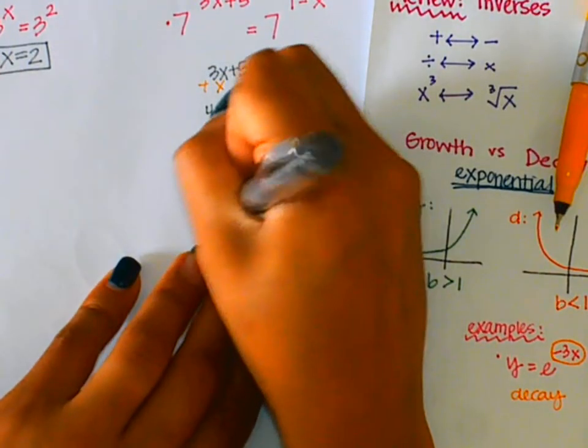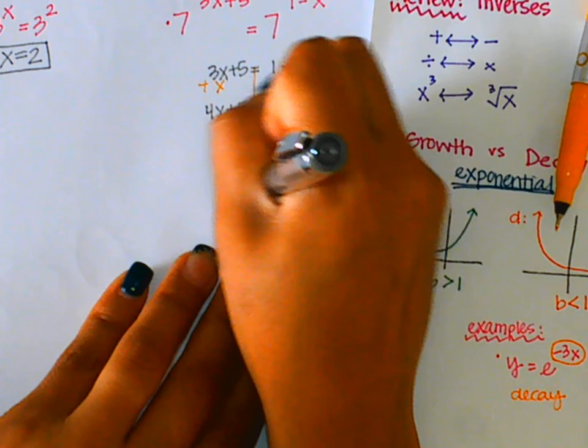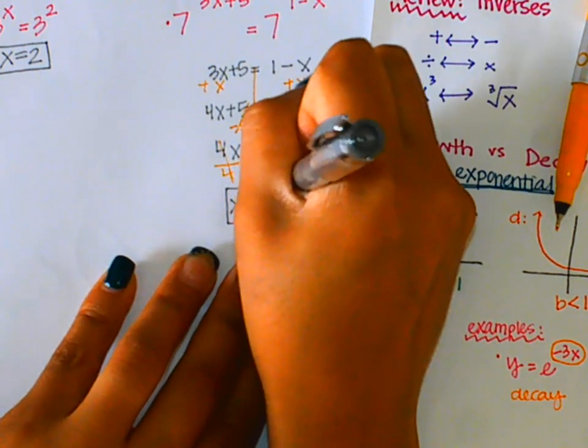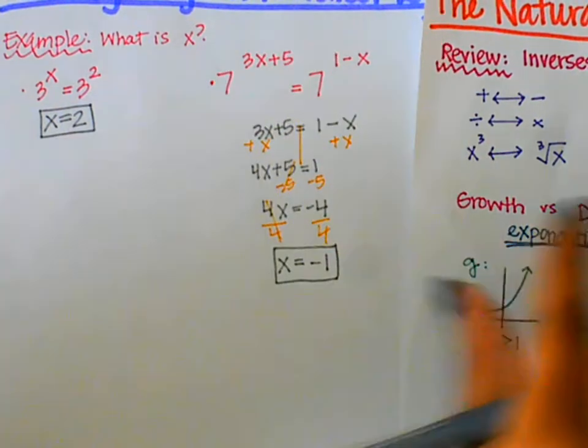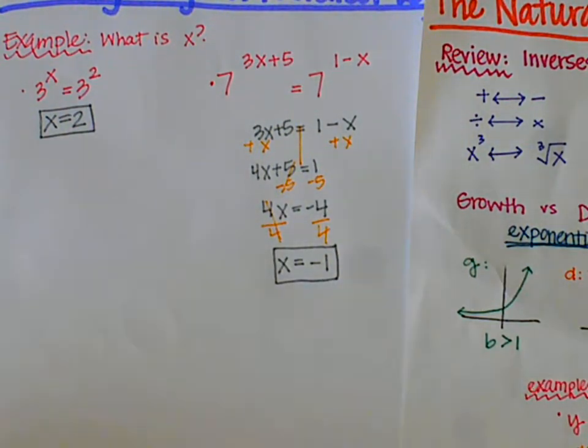You get x is equal to negative 1. Now that one was a little bit longer than the first example we did, but it wasn't necessarily difficult. It was just solving for x using our inverse operations that we learned a really long time ago.